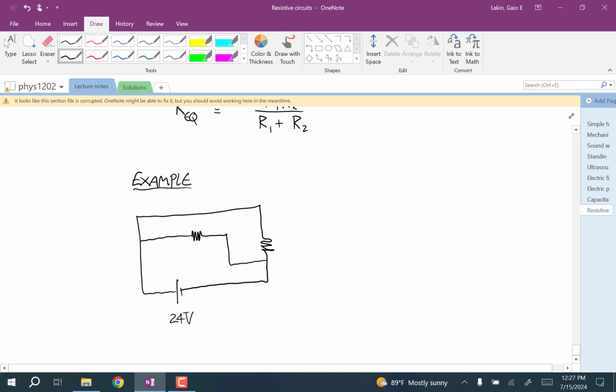Let's say that this is 20 ohms and this is 40 ohms. And instead of solving this whole thing, we just want to figure out what's the current being drawn from the battery. So we just want that current IB.